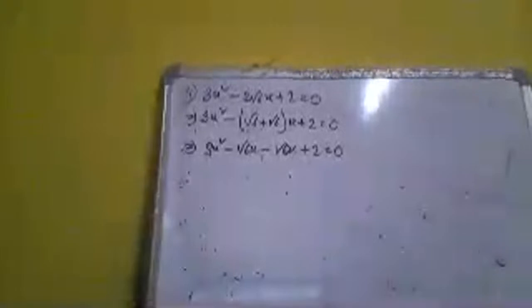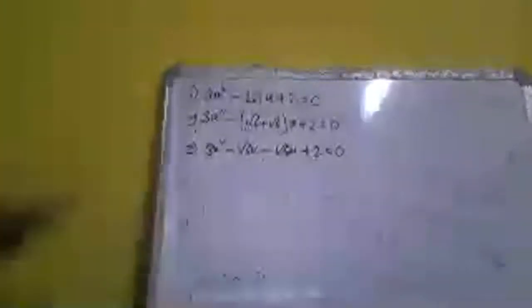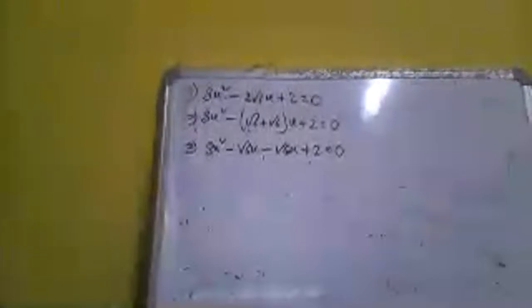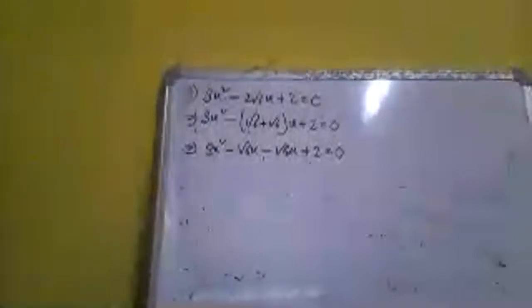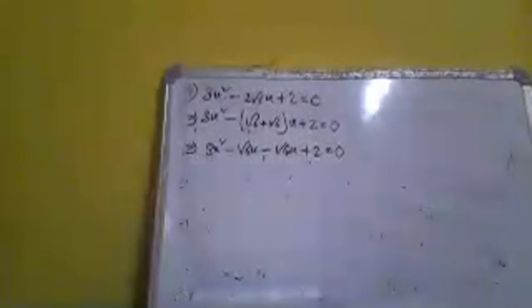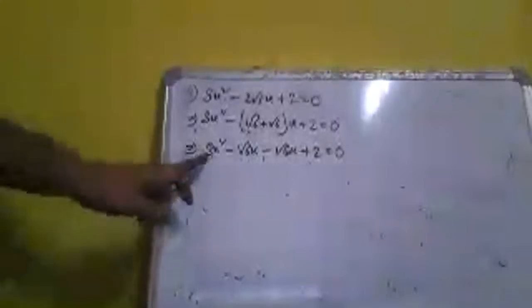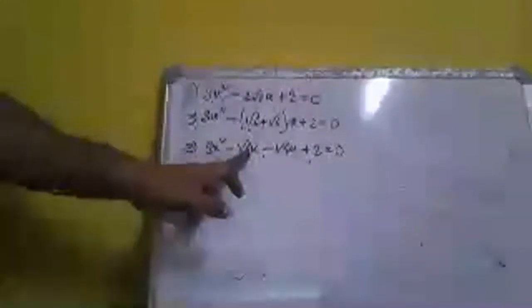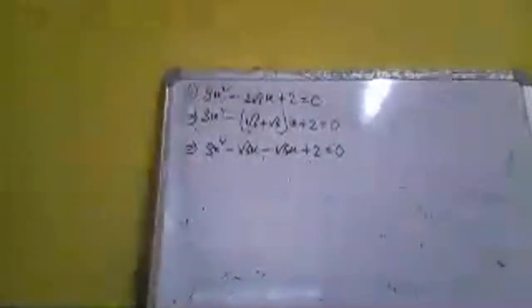Now you can take the common. Understood? This line you understood or not? Now among 3x square and root 6x, what do you take the common?